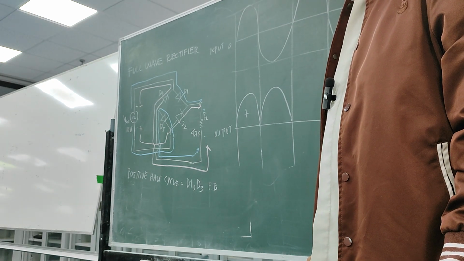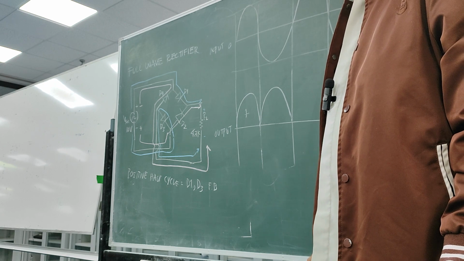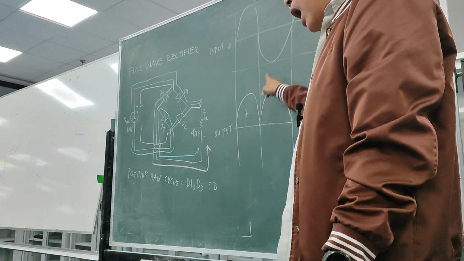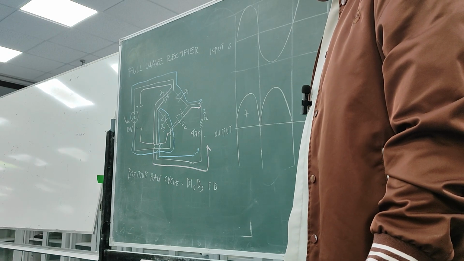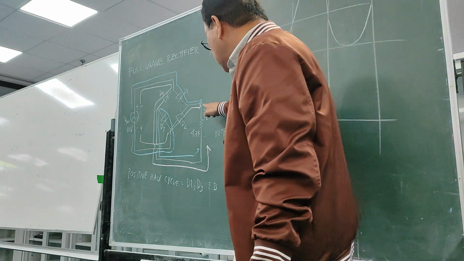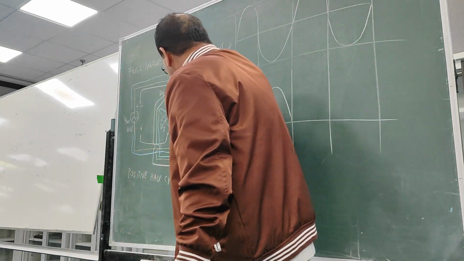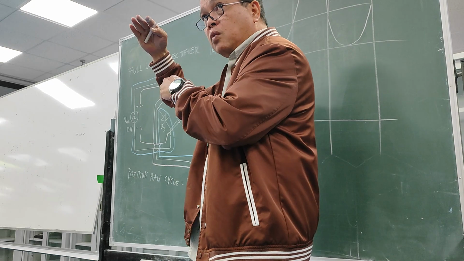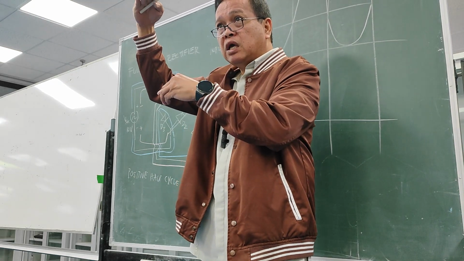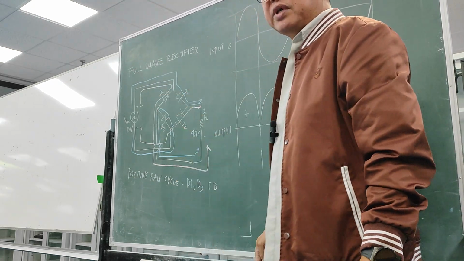Which one? The second one, this one, up. Why? It's positive. Because it's still here. The positive goes there. Same thing here, positive goes there. When you measure it, both will be on the positive side.